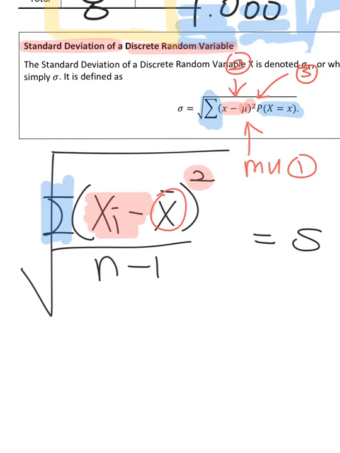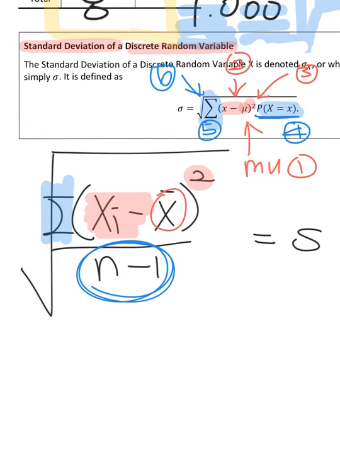Before we take the sum, we multiply each probability. Now it is chapter 4. It is a little bit different, right? And then chapter 5, take the sum. Finally, again, chapter 6, we take the square root.